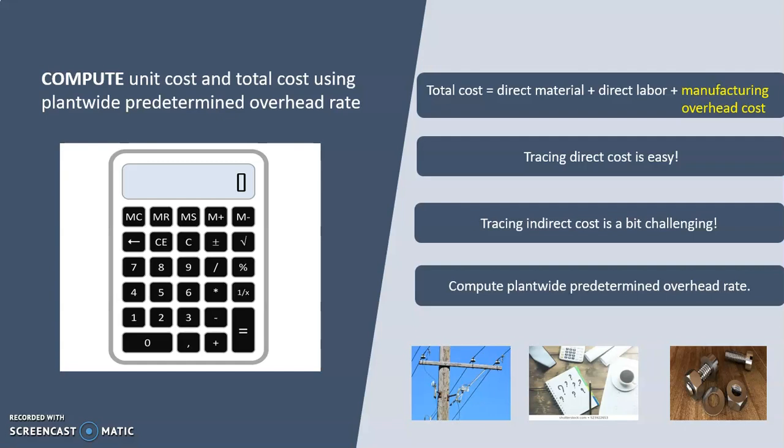And in this video, the applied manufacturing overhead amount will be based on the plant-wide predetermined overhead rate. Do take note that the applied manufacturing overhead cost will normally be different from the actual manufacturing overhead cost. We call this estimation error, and at some point of time, we'll do the adjustment.